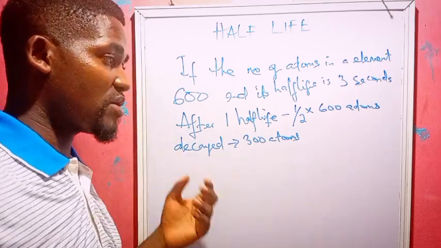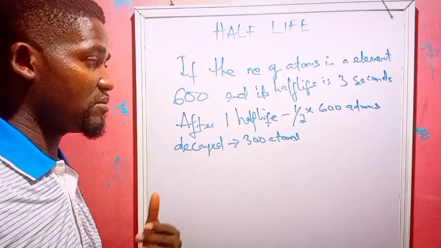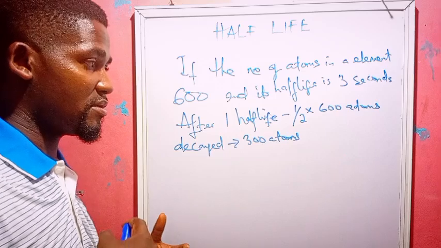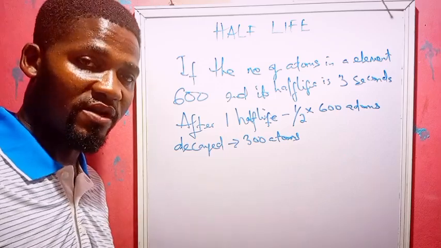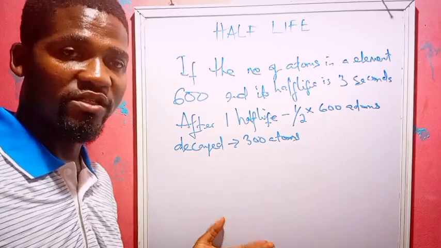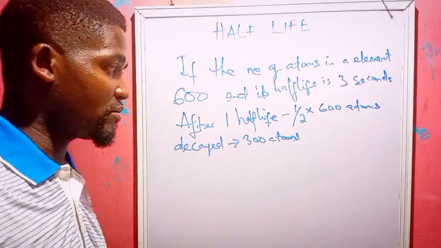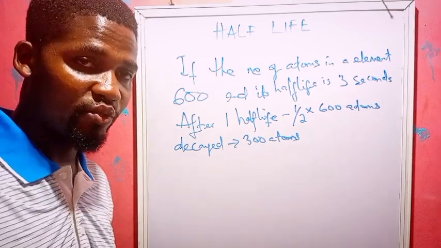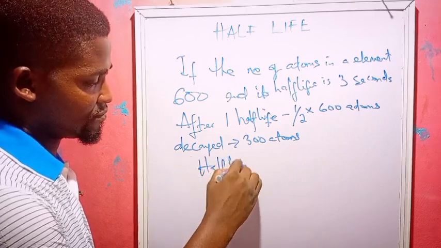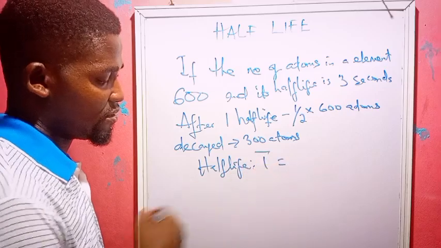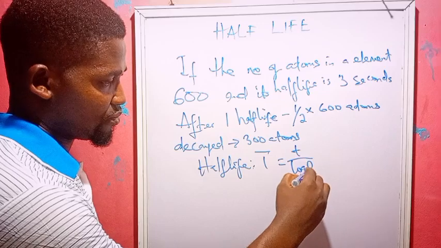Now we'll have to involve the formulas here, because an element may decay for more than one half-life. So we have the conventional method and the formula method, and we state the formulas we can use to calculate different parameters in half-life. The first one, which we all know, is half-life, T equals t over log R base 2.